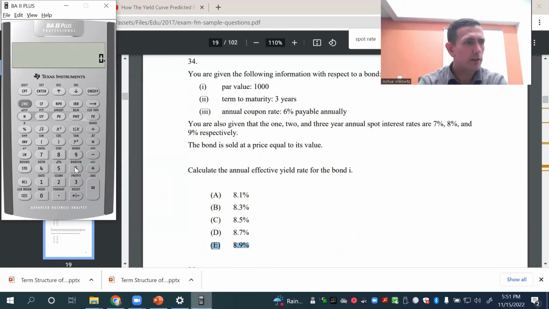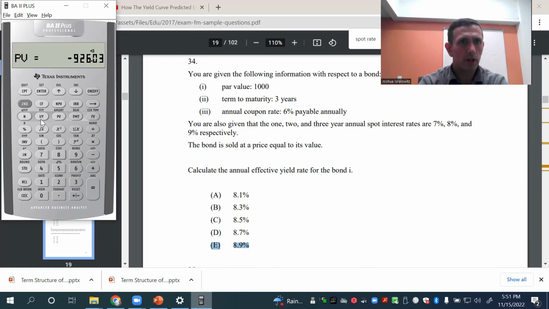So we have a bond, a 3-year bond. Coupons are $60, so that's my payment. We get 1,000 back at the very end. My present value is negative 926.03.